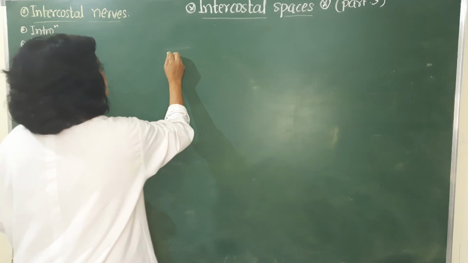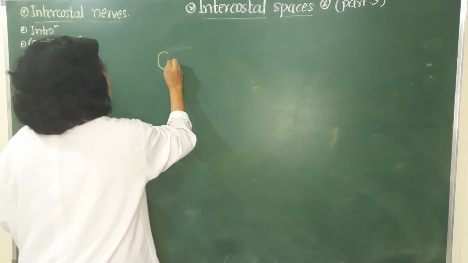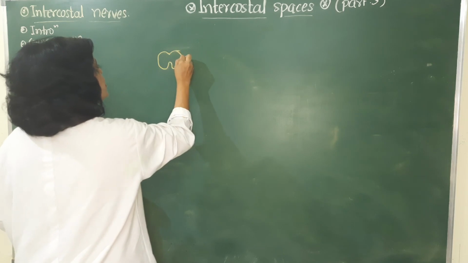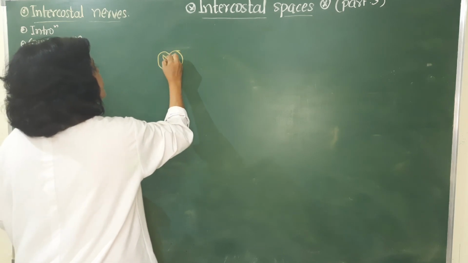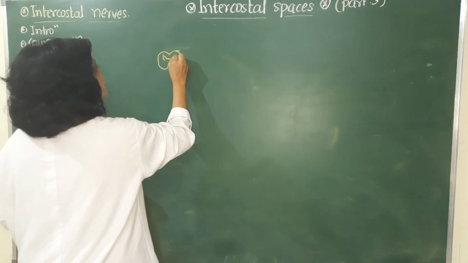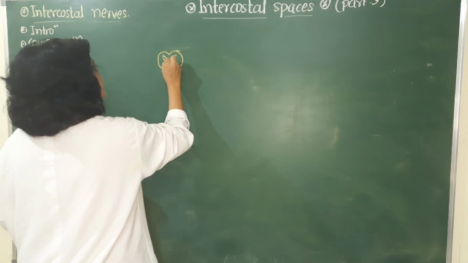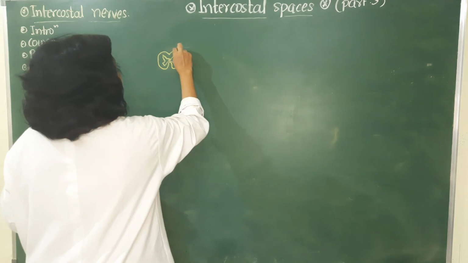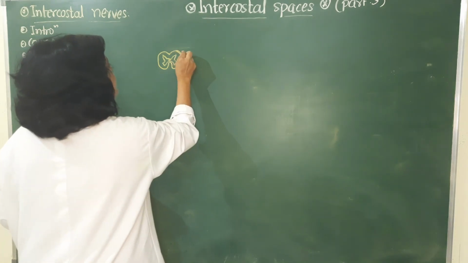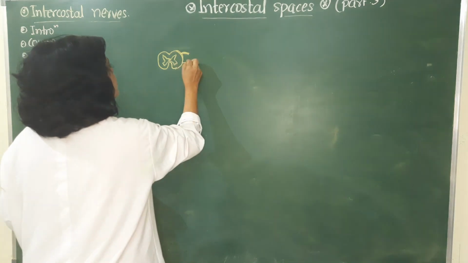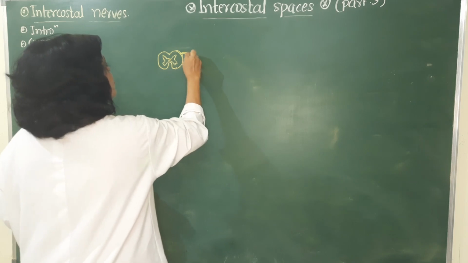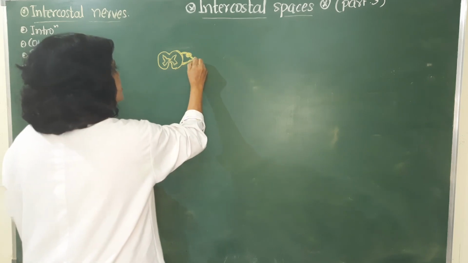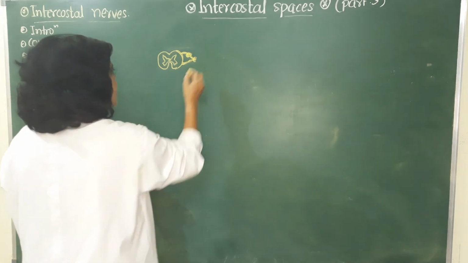Okay, suppose here is the transverse section of the spinal cord. Gray matter is S shaped, having anterior horn and the posterior horn, with central canal. And here is the dorsal root, ventral root, dorsal root with ganglia, which unite to form the spinal nerve, which comes out through the intervertebral foramen.